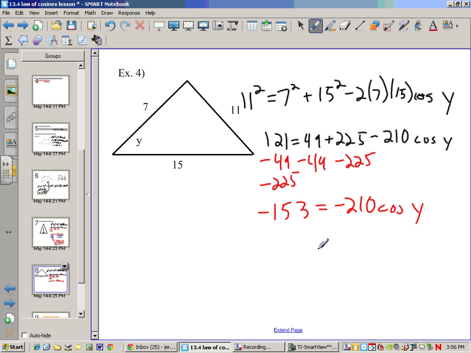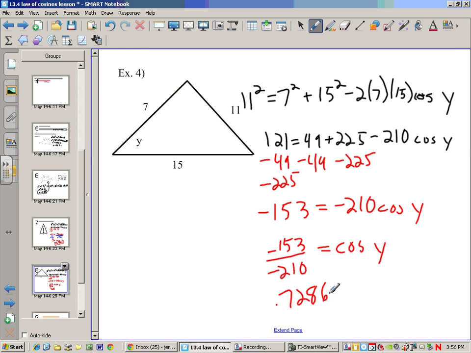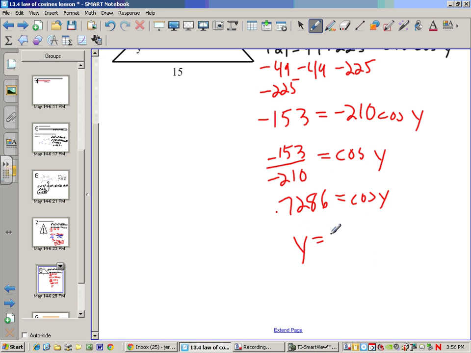Now we divide by negative 210 on both sides, so the cosine of y is equal to negative 153 over negative 210, which is 0.7286. So now if I want to find my angle, I take the inverse cosine of that answer, and I get 43.2. So y is equal to 43.2 degrees.